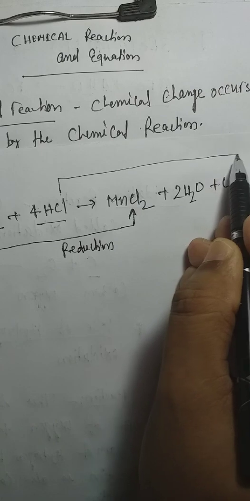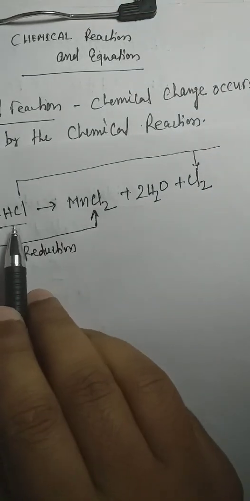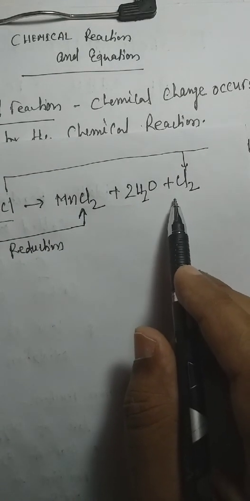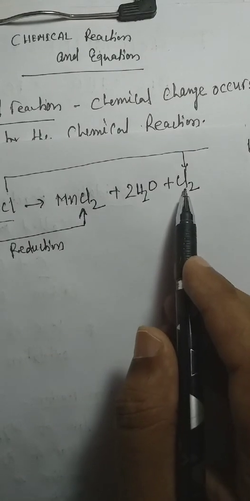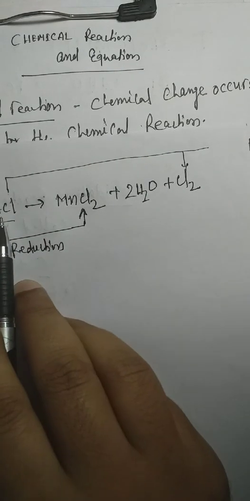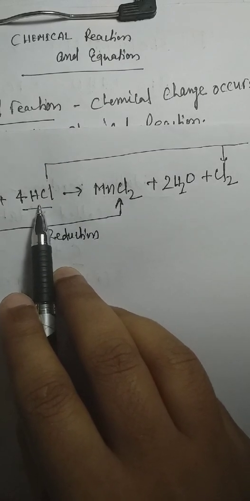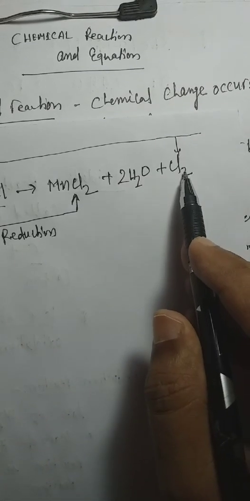In the case of HCl, see what Cl is doing. Cl is removing its hydrogen. See, HCl is converted to only Cl2. So Cl is removing its hydrogen. On the reactant side, we find hydrogen with Cl, but on the product side there is no hydrogen with Cl.